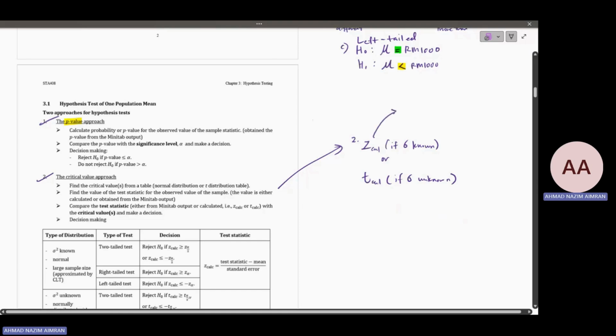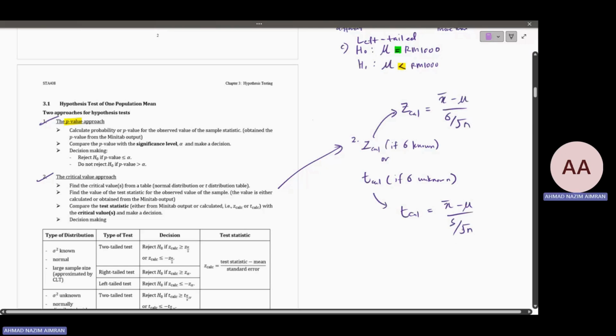To calculate the Z calculated for one population mean, the formula is x bar minus mu over the standard deviation of the population over the square root of n. For T, it is x bar minus mu over the standard deviation of the sample over the square root of n.